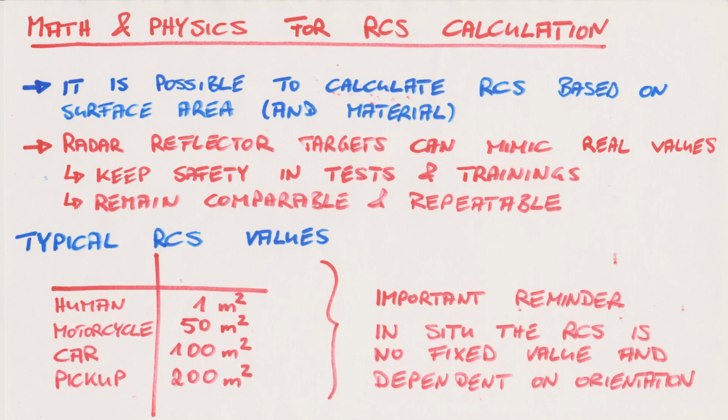For now, we just need some rule-of-thumb values and basic information, which are the typical RCS values: for a human 1 square meter, and for a pickup roughly 200.